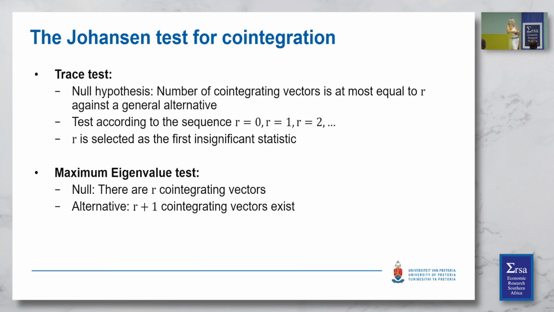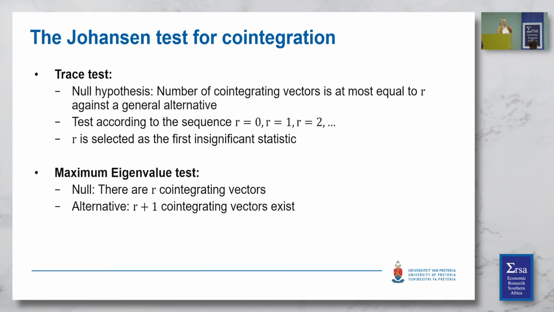How they are different: the trace test, the null will be no co-integration, 0 independent vectors, against the alternative, which is more general, more than 0.